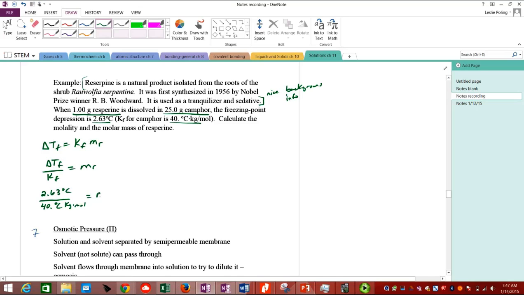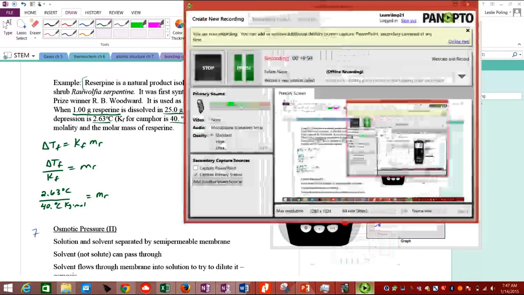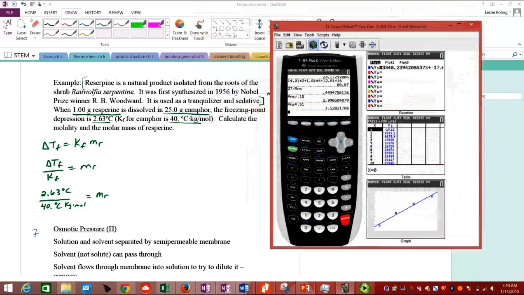It's going to give us our molality. All right, so we have 2.63 divided by 40. So that gives us 0.06575.